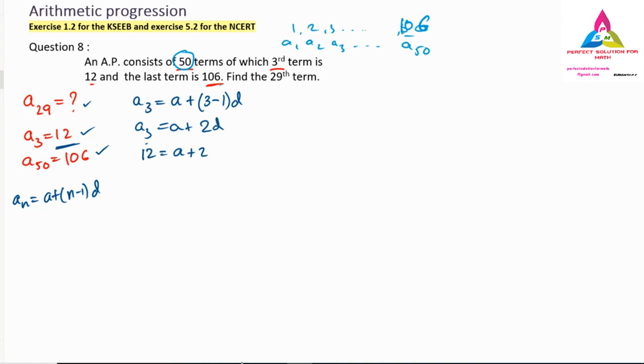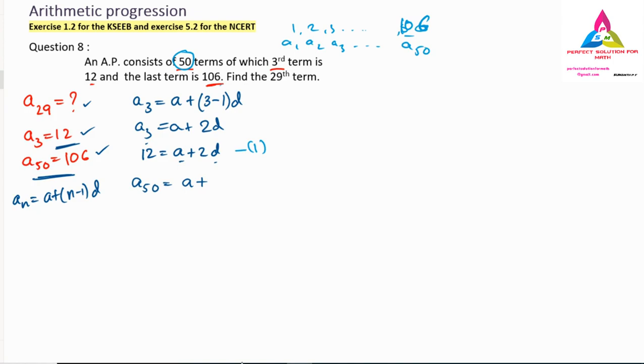Now if you glance at it correctly, there are two unknowns: a is unknown and d is also unknown. So what do we do? We take this as equation 1. Now we move on to the second part. What is given? A50, the last term. So A50 is equal to a plus how much d? Directly you can write 1 less than 50, that is 49d.